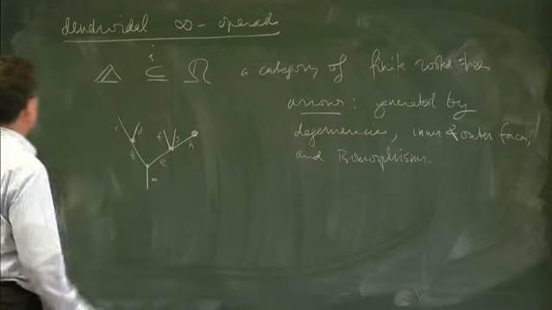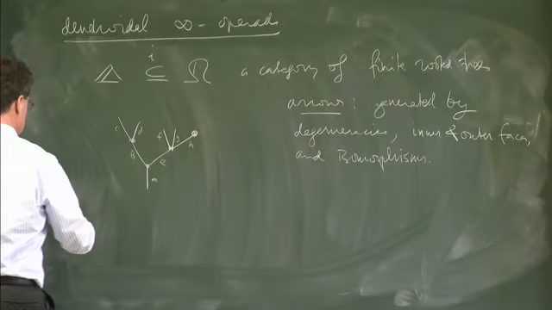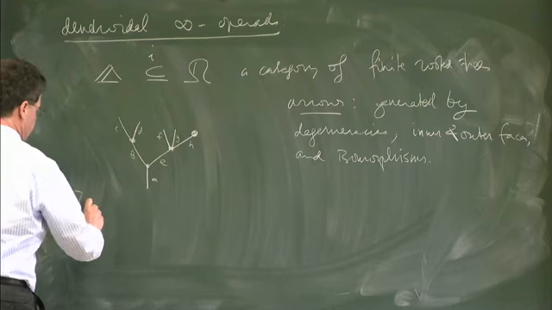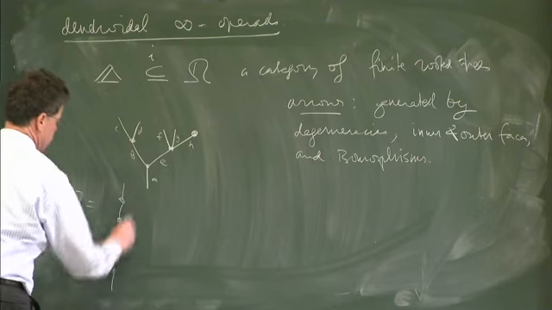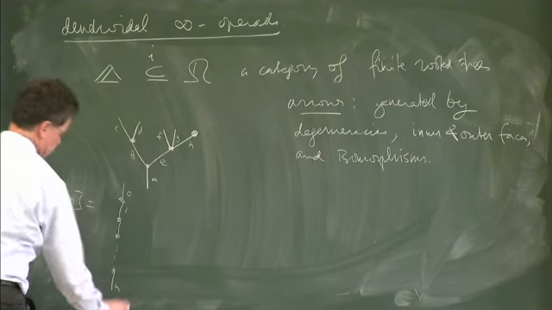And this inclusion I of a simplex is just this linear tree with edges numbered 0 up to n.